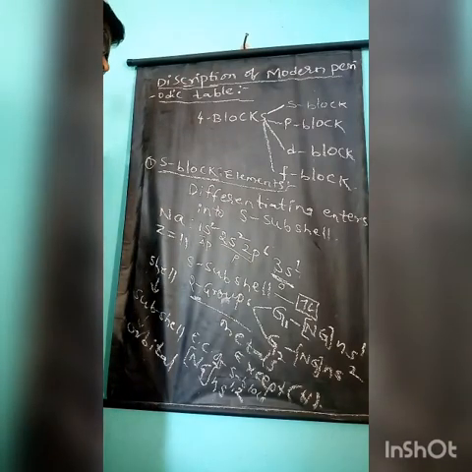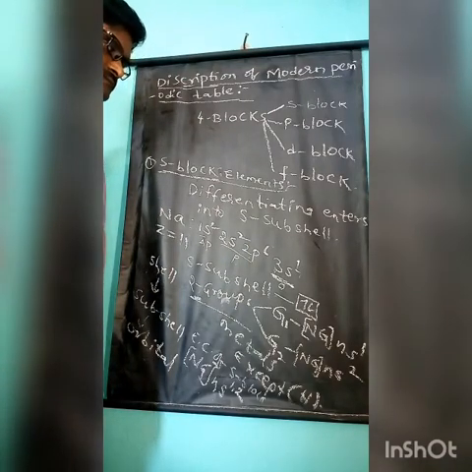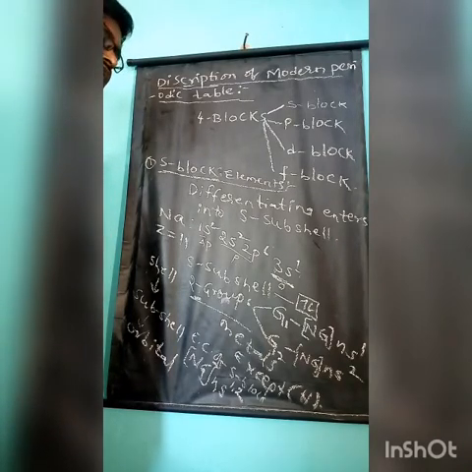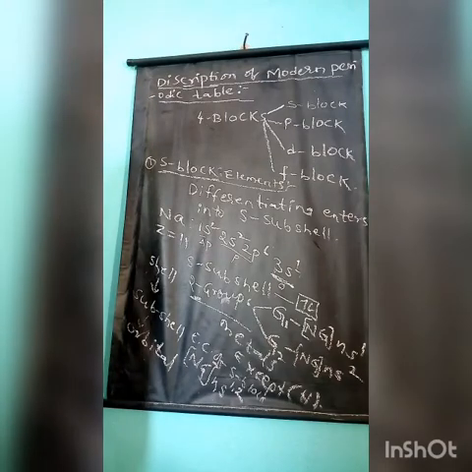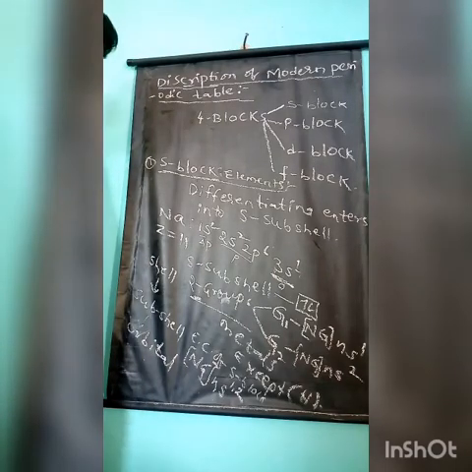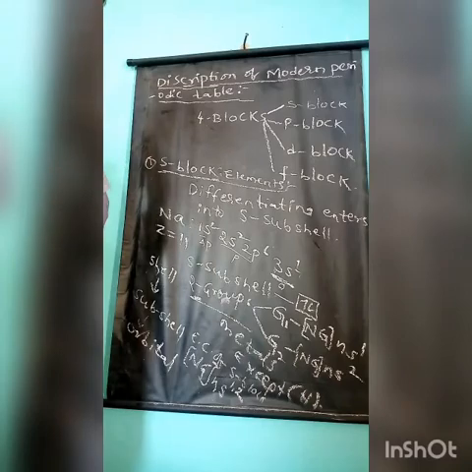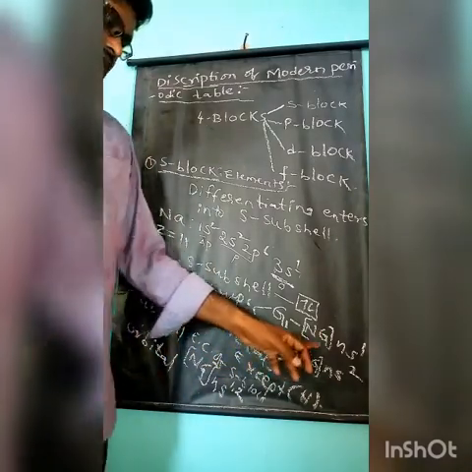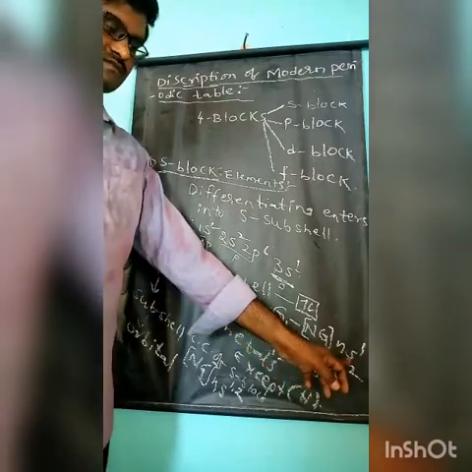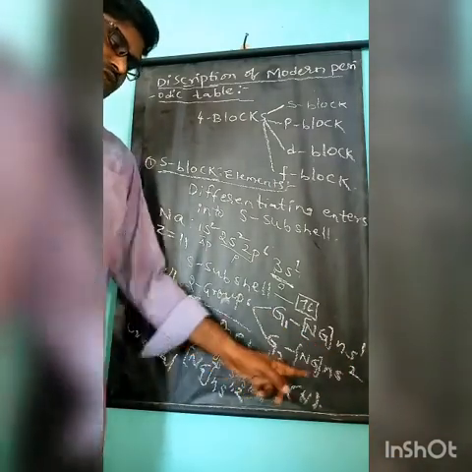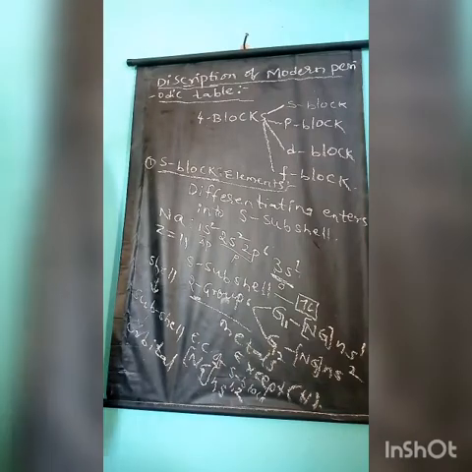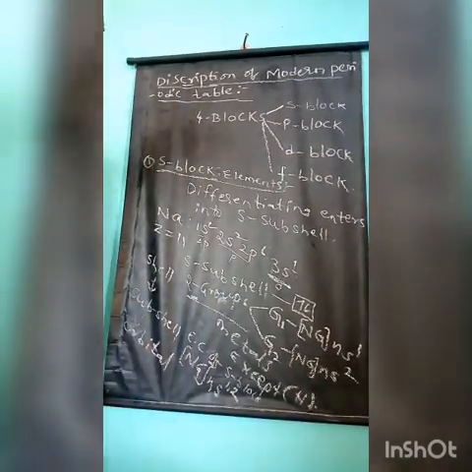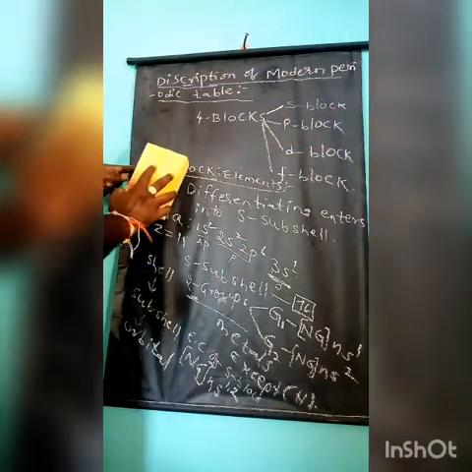Next point. s block elements have fixed valency. The valency of group 1 elements is 1, and the valency of group 2 elements is 2. Okay, this is about the s block elements. Now let me see the p block.